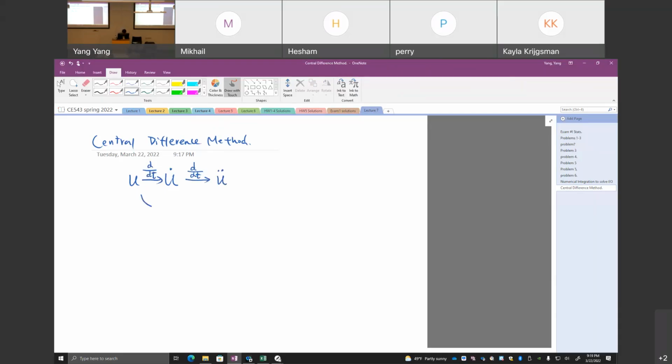Actually, the acceleration is the second derivative of the displacement. Sometimes we also say the velocity is the slope of the variation of displacement, while the acceleration is the curvature.